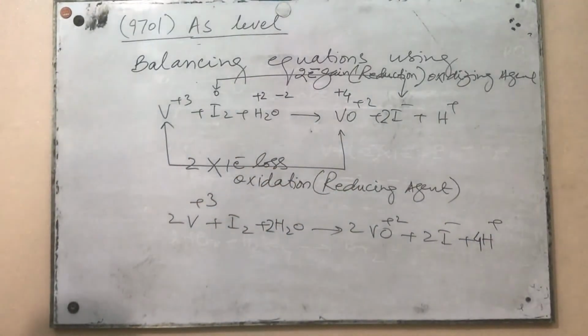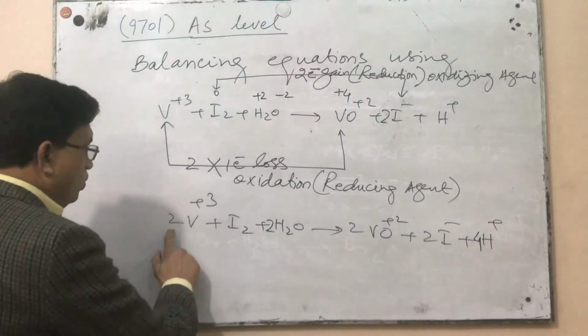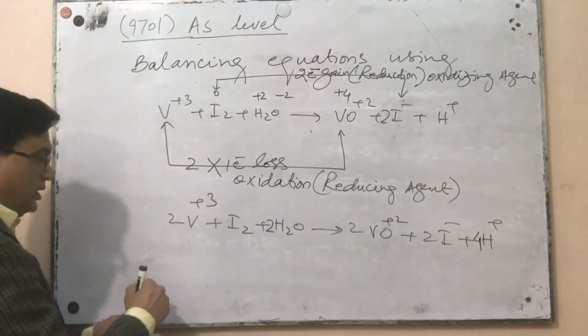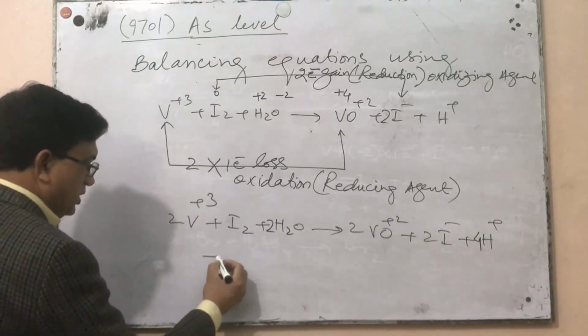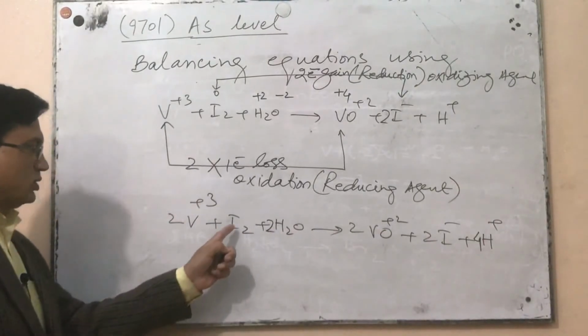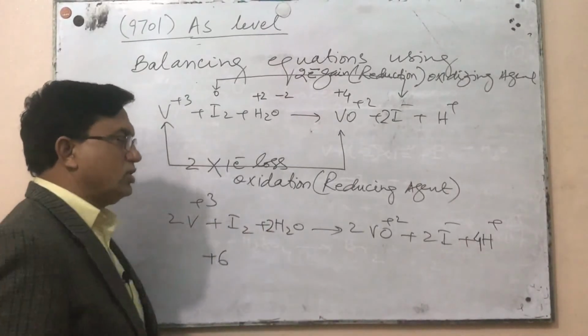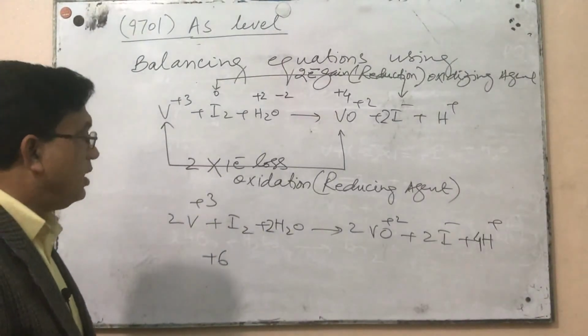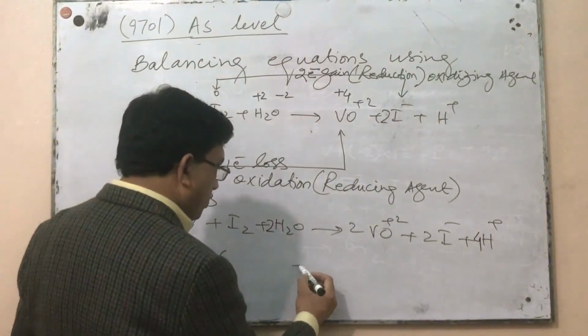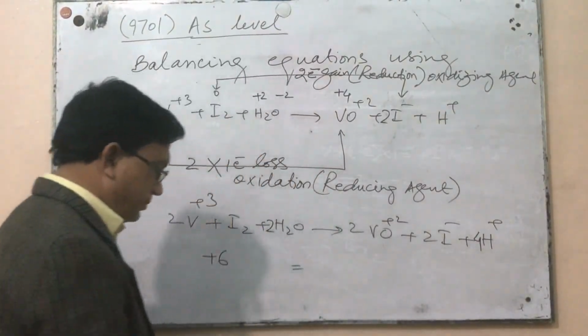Now, we have to balance the charges also. This side is 2 multiplied by positive 3. Its total oxidation state is positive 6 because iodine has 0 oxidation state and water also has 0 oxidation state. Now, what is the situation here?